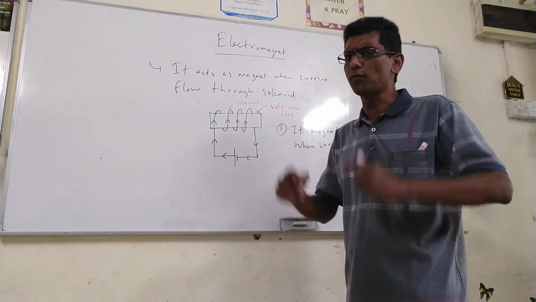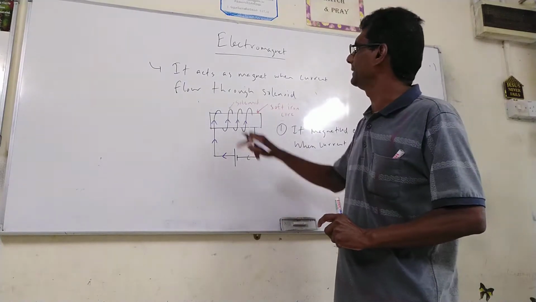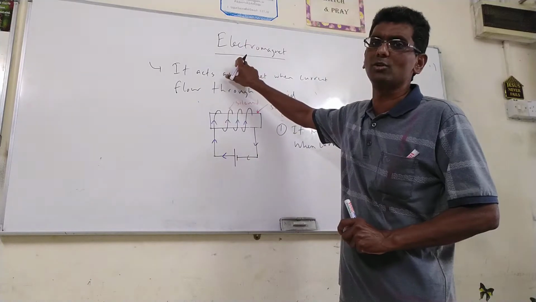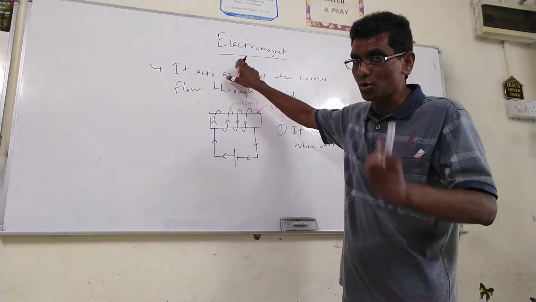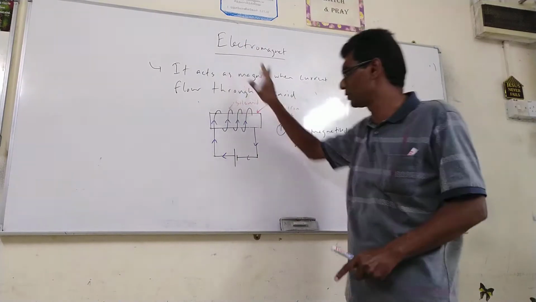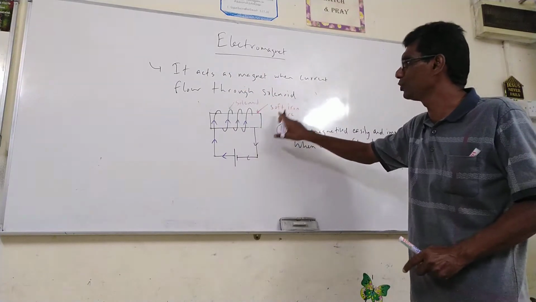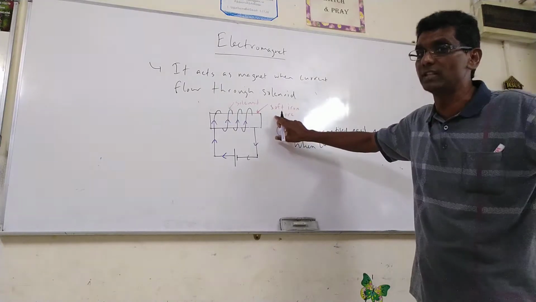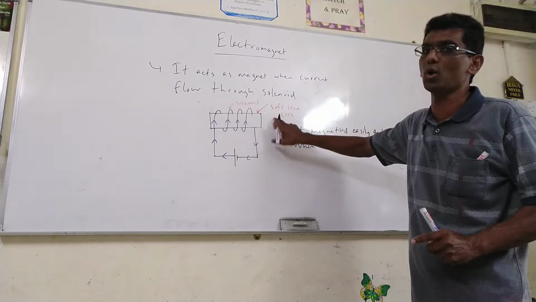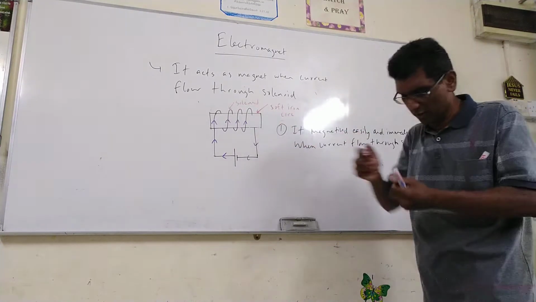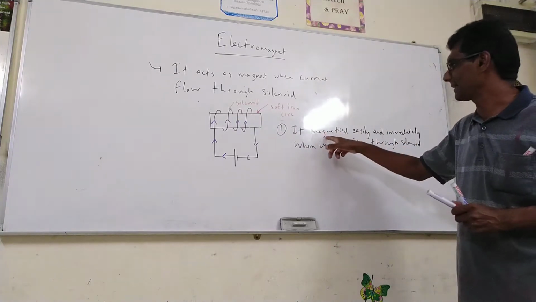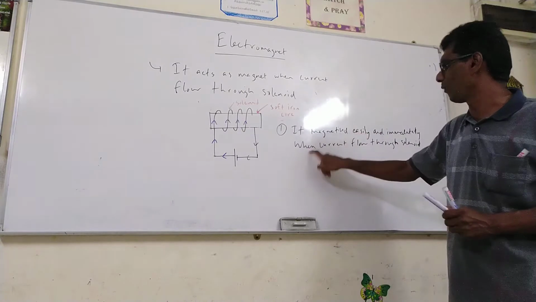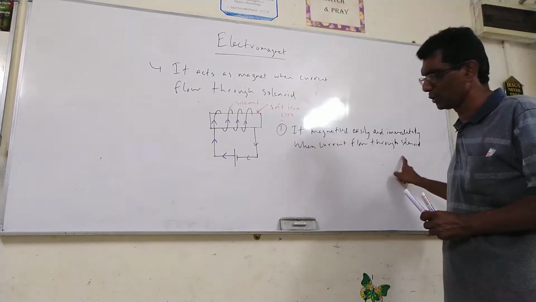Soft iron core and solenoid are called an electromagnet, so an electromagnet is a temporary magnet. So why do they use soft iron core instead of steel? Because it magnetizes easily and immediately when current flows through the solenoid.